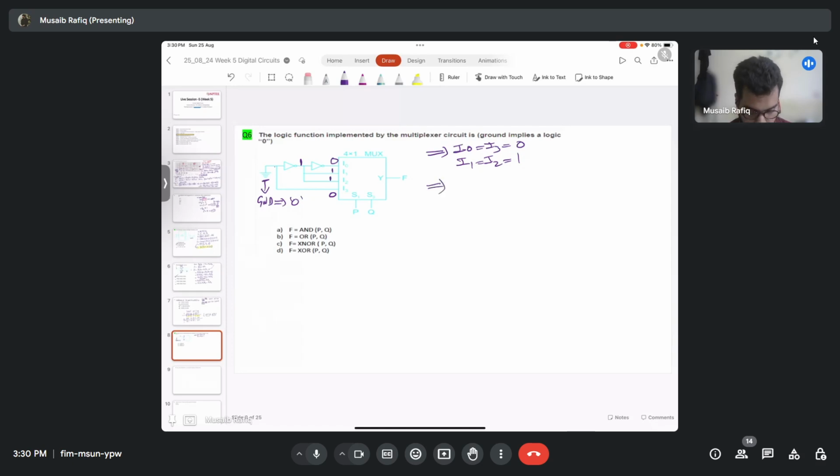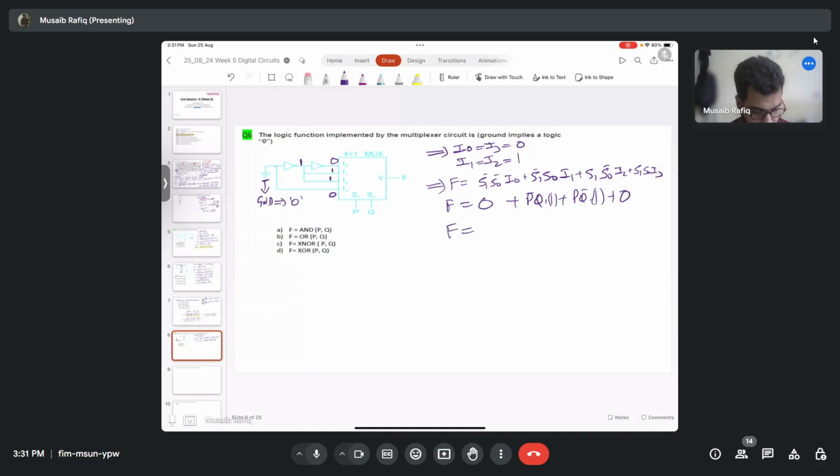So what I have here is F is equal to S1 bar S0 bar I0 plus S1 bar S0 I1 plus S1 S0 bar I2 plus S1 S0 I3. Now plugging the values, this will be P bar Q bar dot 0 plus P bar Q dot 1 plus P Q bar dot 1 plus 0.